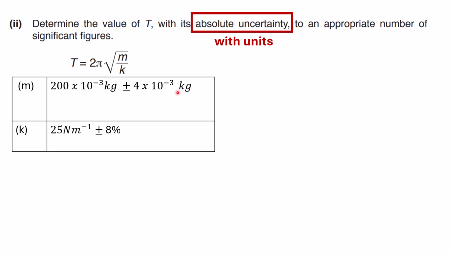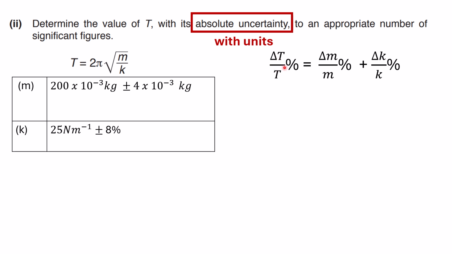To calculate that, we need to write the correct format when we calculate uncertainties. Here this delta doesn't mean change of. It is the notation for uncertainty.